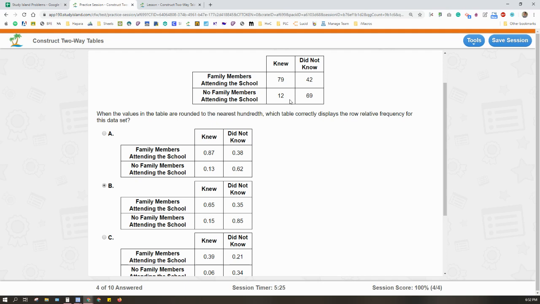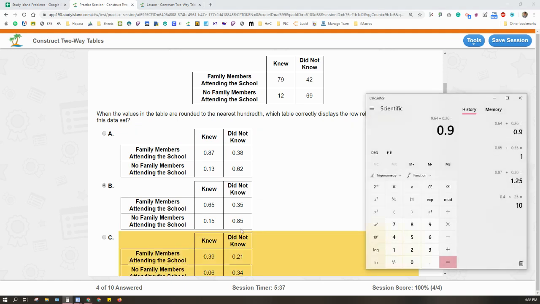Now, if I use the numbers, how could we get these numbers? 79 knew that there was a championship game and had family members attending the school. If I take 79 people, and I divide by the total for this row, what do I get? Well, the total for the row is 79 plus 42.